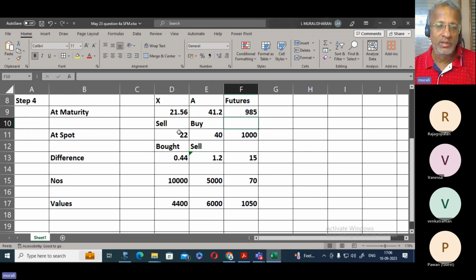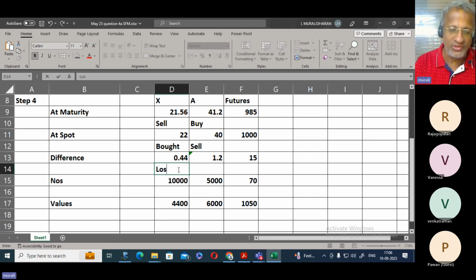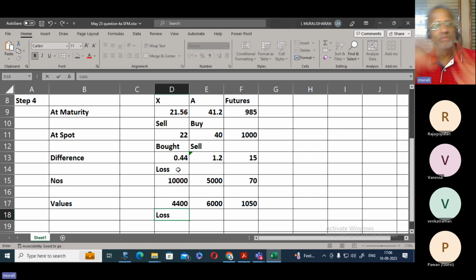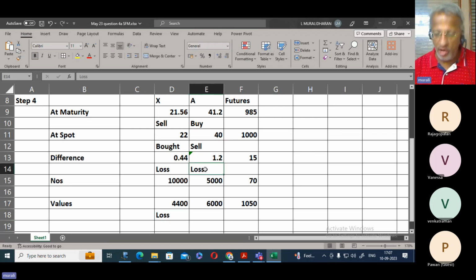So the difference between the two: bought price is 22, sell price is 21.54. This is going to be a loss. Agreed? Please let me know. The next, sell at 40, buy at 41.2 will result only in loss. Correct? Yes, sir.